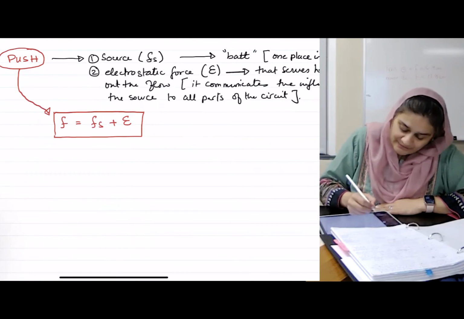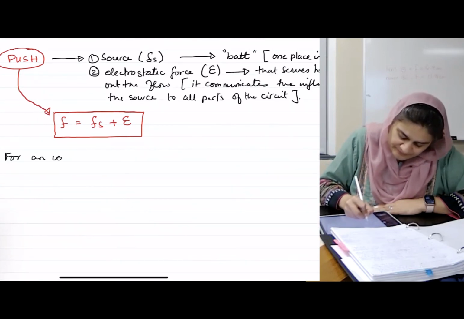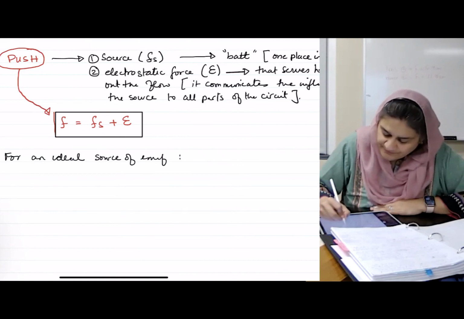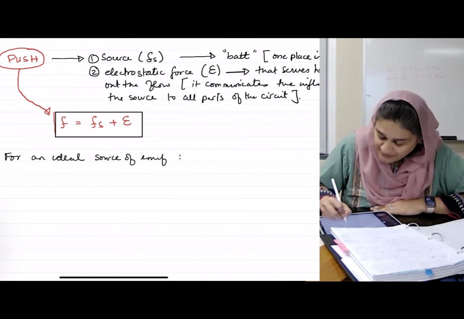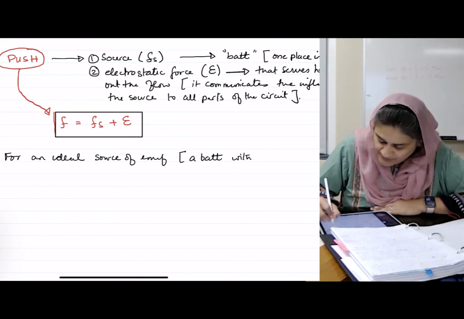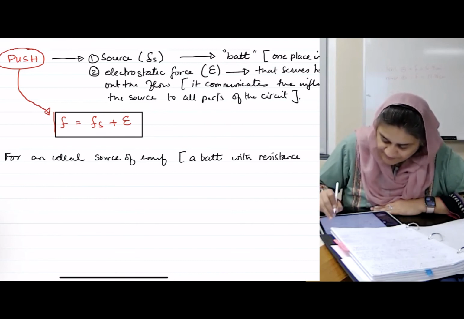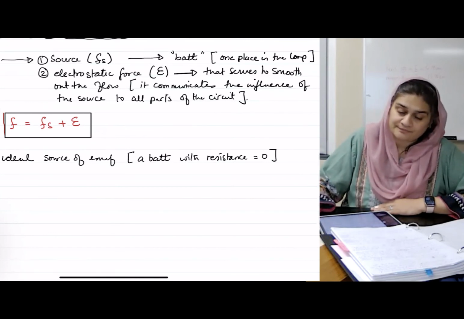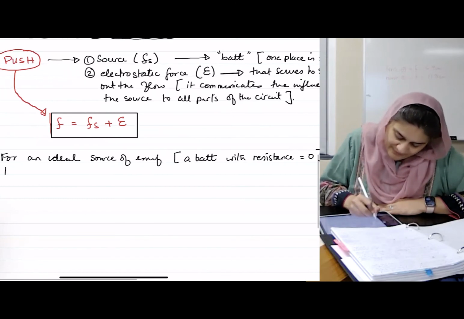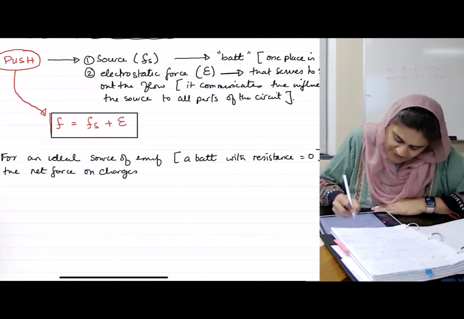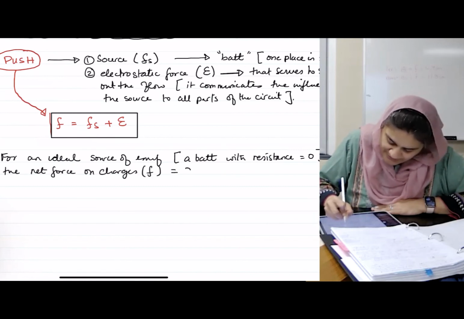For an ideal source of EMF, which means, for example, a battery with internal resistance equal to 0, the net force on charges, which we called f, equals 0.